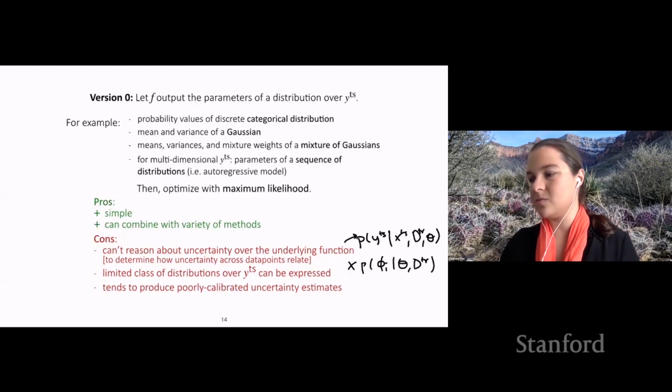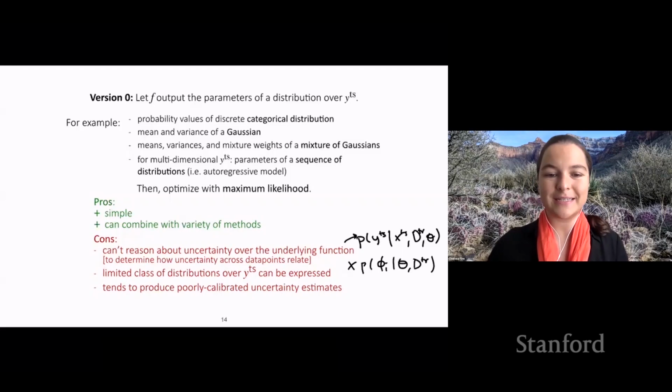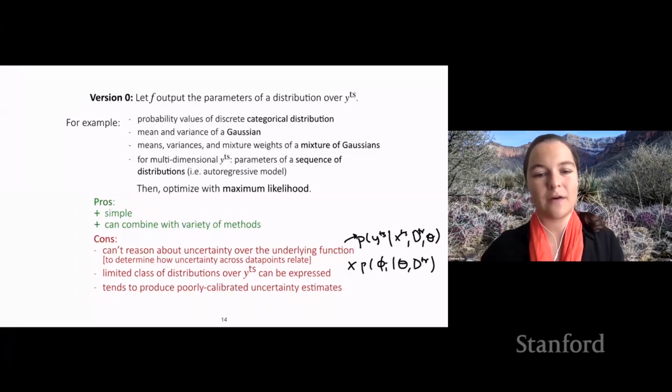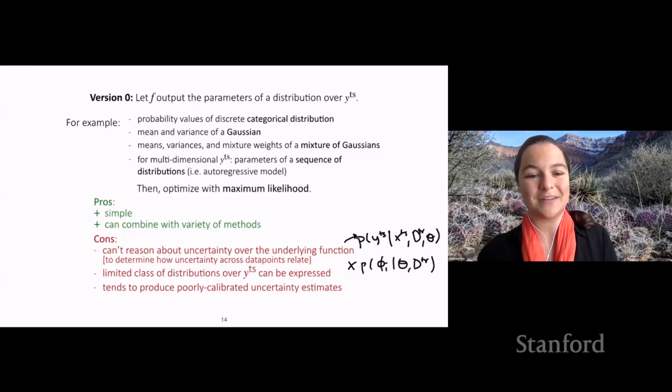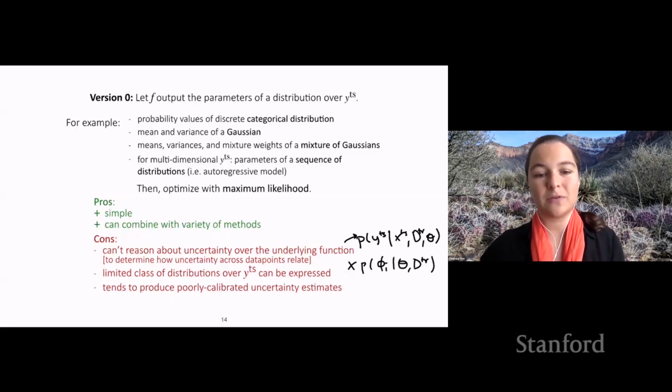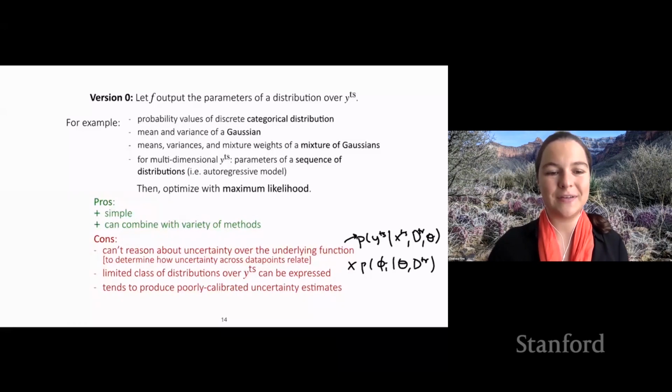What I mean by uncertainty over the model is when you have out of distribution data, for example, or data that's a little bit different, then your model isn't going to perform as well because it hasn't seen that kind of data. And so you want to be able to represent your uncertainty over your model parameters for those data points. And this approach tends to be quite ineffective at representing that form of model uncertainty.